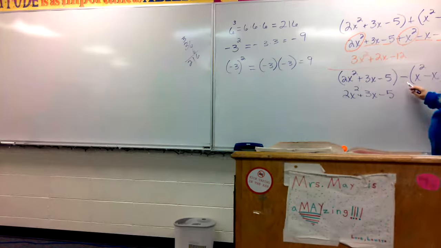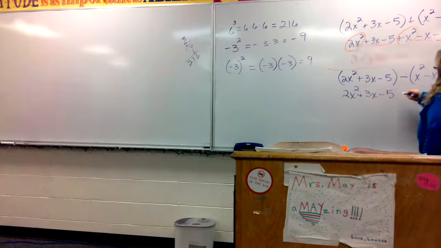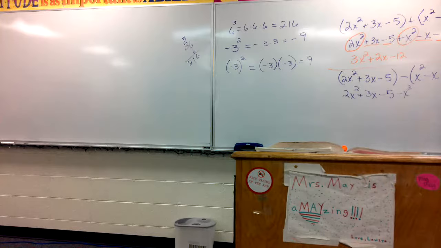But now remember, we're subtracting all of these. Everybody usually remembers to minus the x squared. But don't forget, you're subtracting the rest. You're subtracting -x. What do you get when you subtract a negative? Right, it's like adding it. Subtract -x is adding x. Subtract -7.